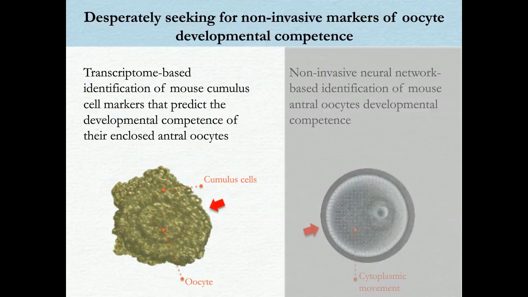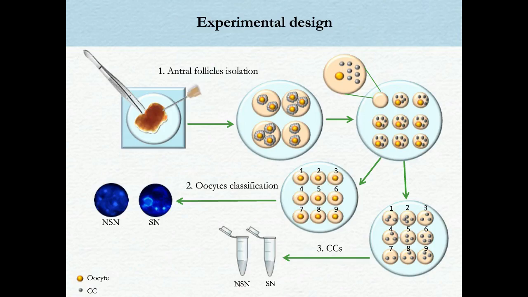As I have shown you in a slide earlier, fully grown antral follicles are isolated by puncturing the ovarian surface, and then, using a sterile micropipette, the two somatic and germ cell components are separated and placed in different single drops of medium.